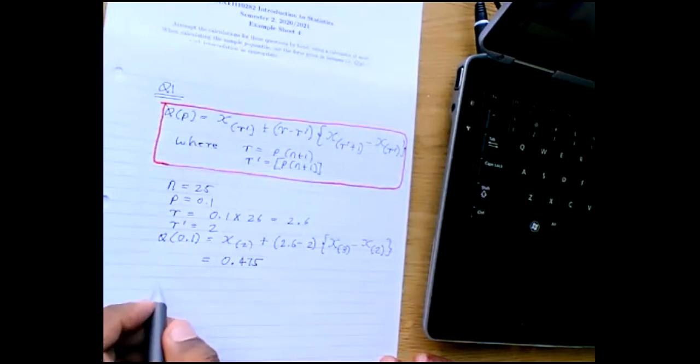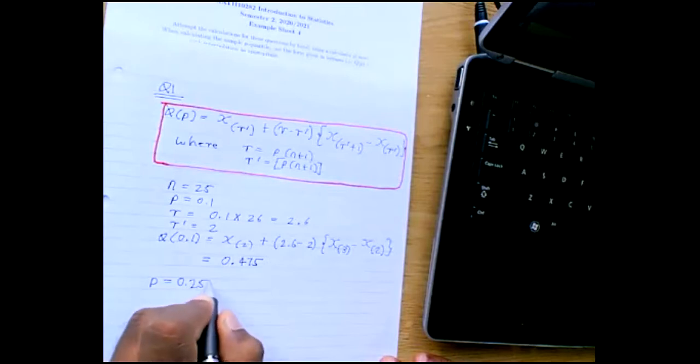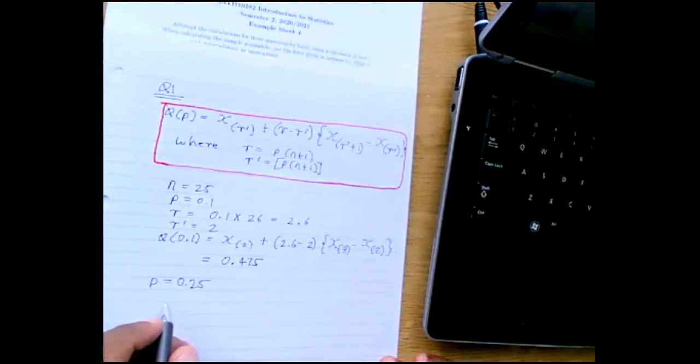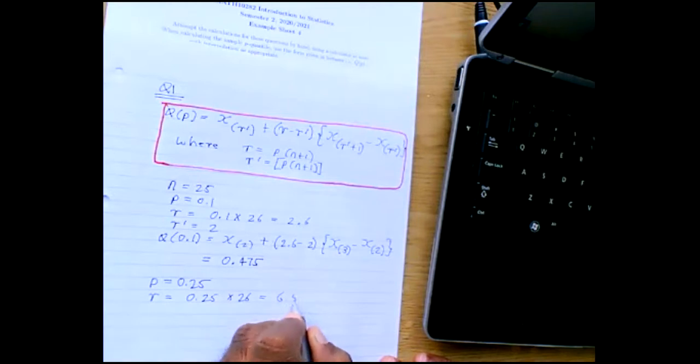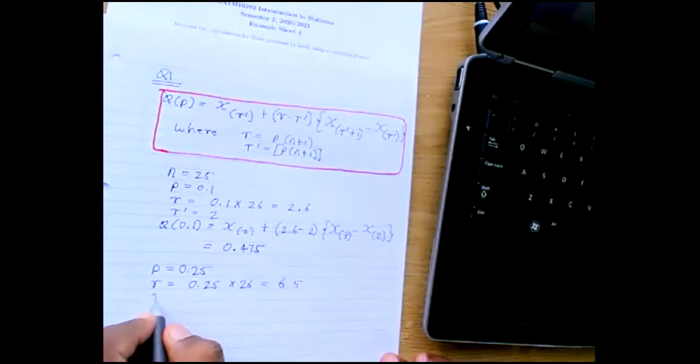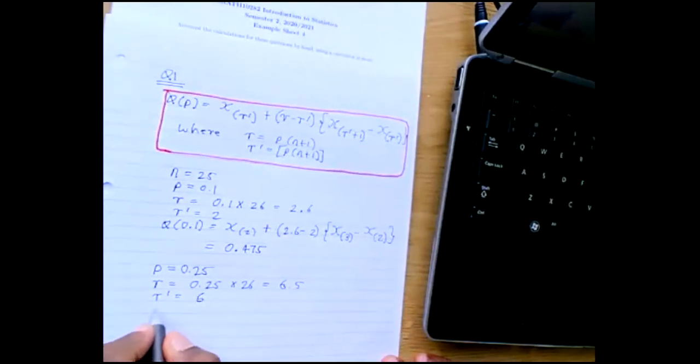The next one we want to find is p equal to 0.25, which corresponds to the first quartile, right? So your R is 0.25 times 26, which is 6.5. So your R prime is the integer part of 6.5, which is 6.